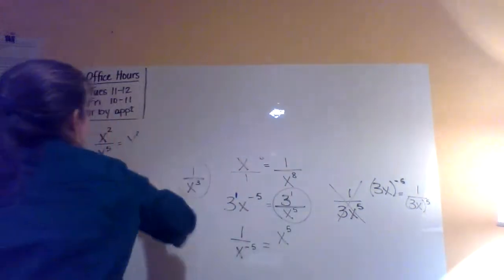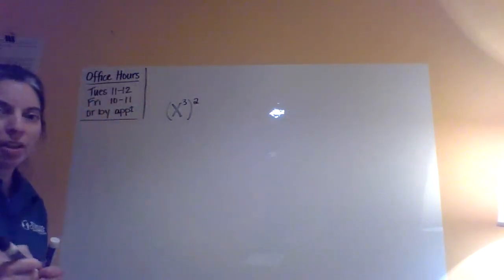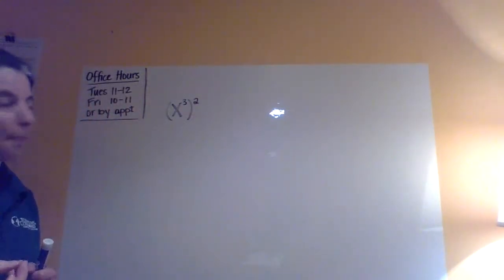So let's again start out by seeing what's happening behind the scenes of an exponential expression. Before we get to the one in your notes, let's start with one that is a little bit simpler. Let's say I have x to the third, squared. Think about what this means.